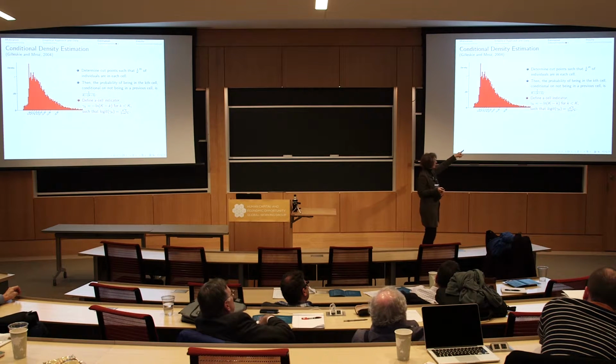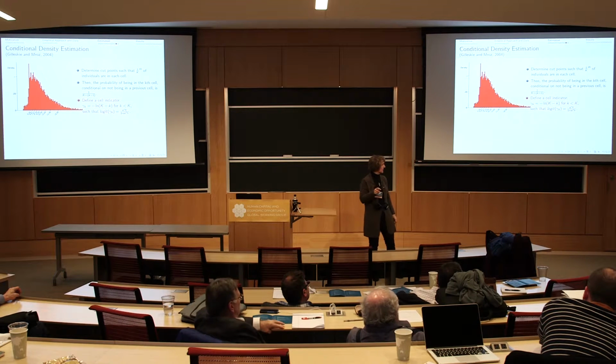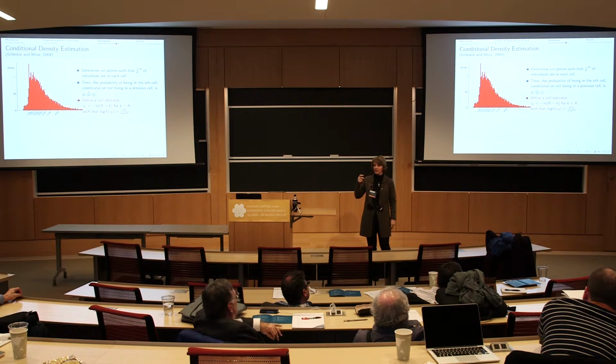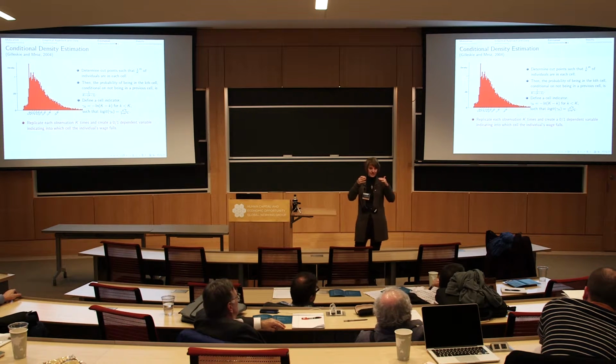So we can define a cell or interval indicator that's equal to this continuous function, and then if we just did a logit on that, we would recover those probabilities, the hazards of being in there. What we're going to do is take the data and replicate it 10 times.